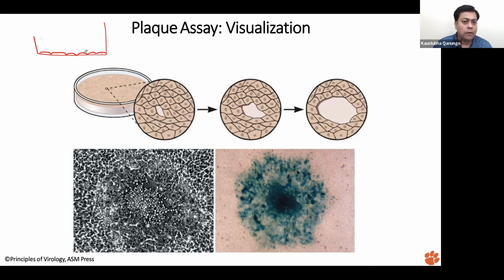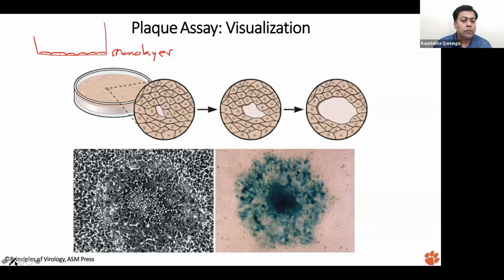Each one of these cells growing on the bottom, and this is your monolayer. I can use my pad whiteboard, but not necessary. So this is your monolayer, growing in here.